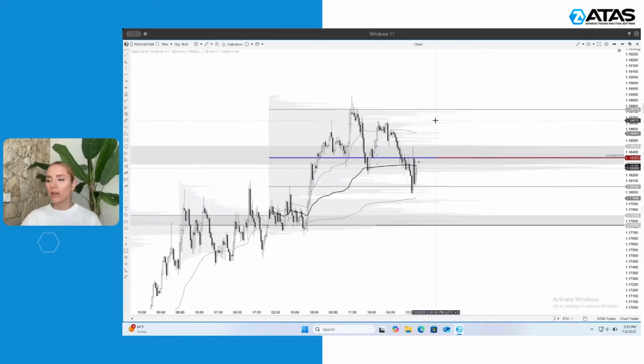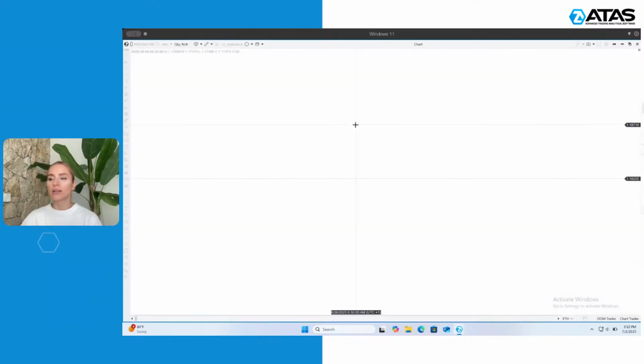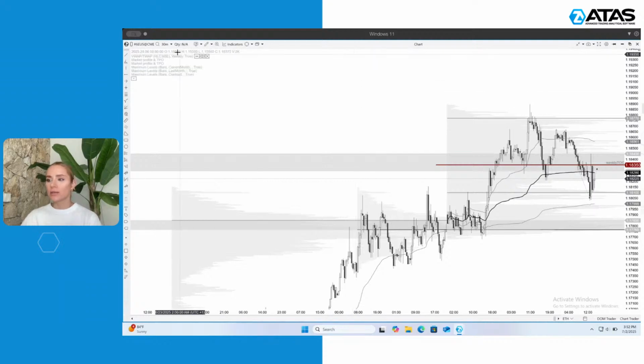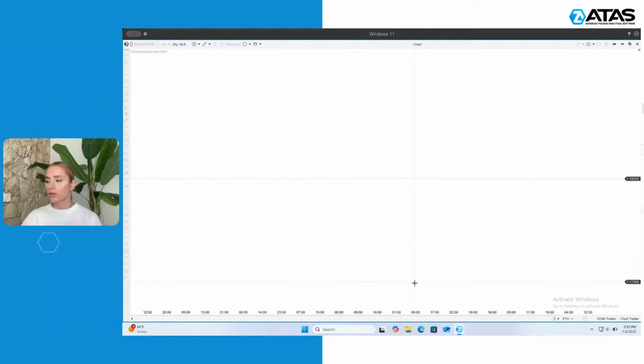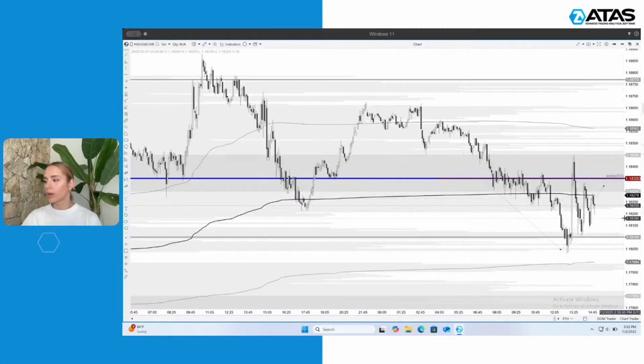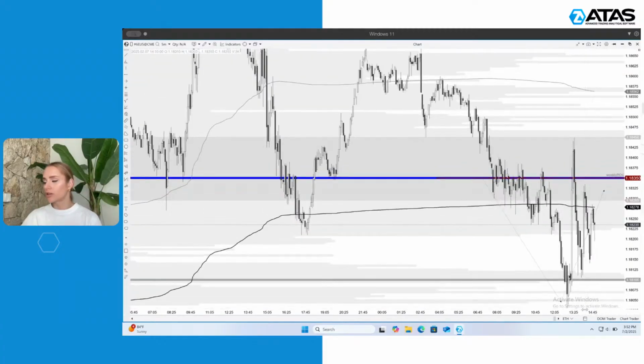If you want to go more in depth, you can also check the footprint charts. So you can combine the VWAP with the market profile, volume profile and the 5-minute footprint chart as well.